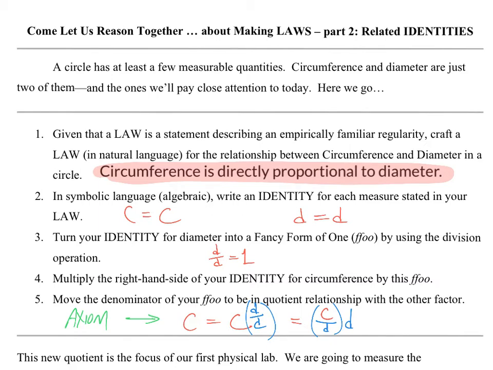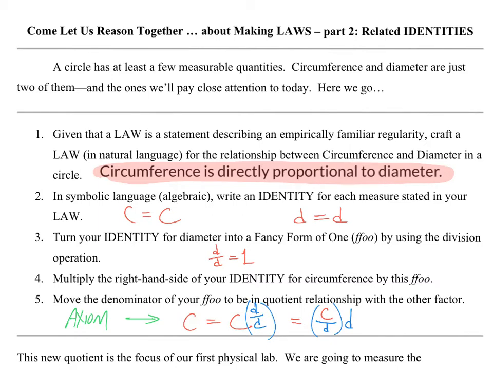When it was still a product tied up with the fancy form of 1, circumference and diameter were not in relationship with one another. A product relationship doesn't encode for what we're after, but a quotient does.